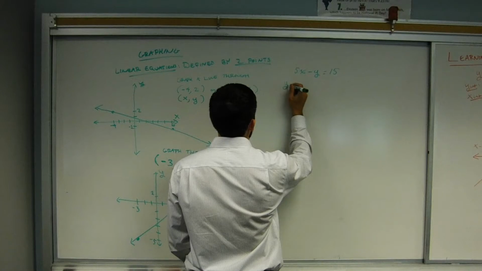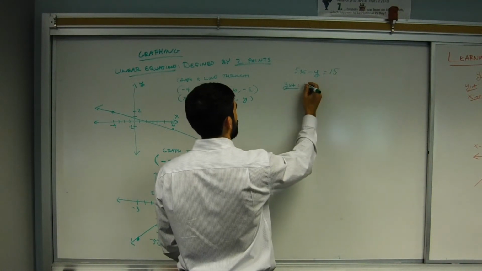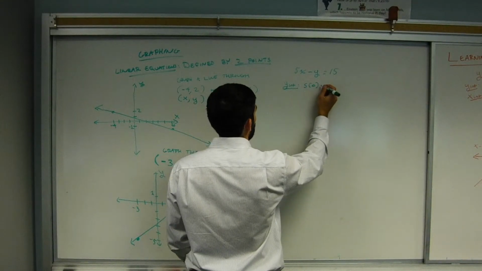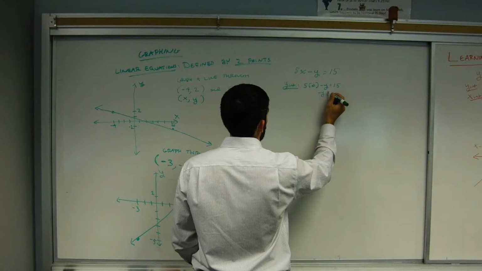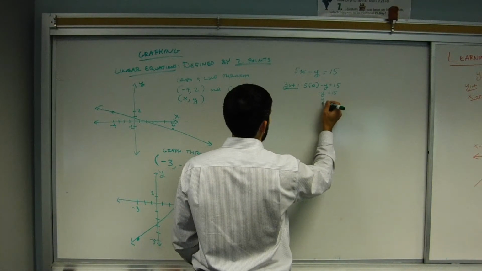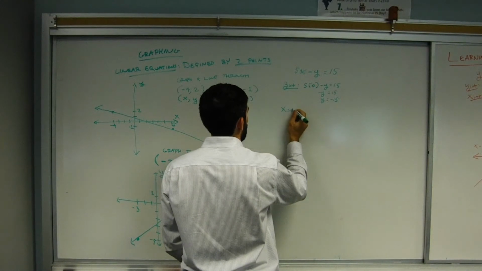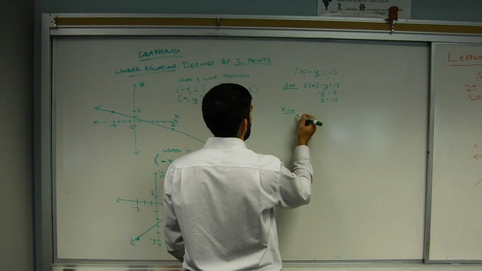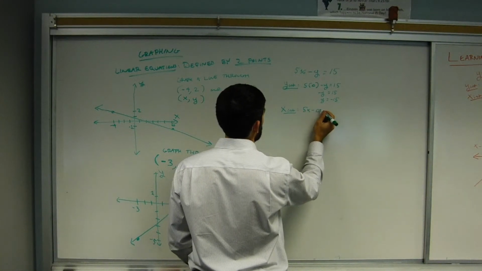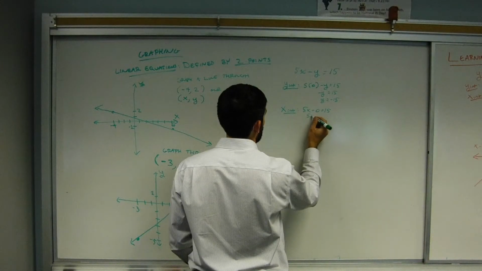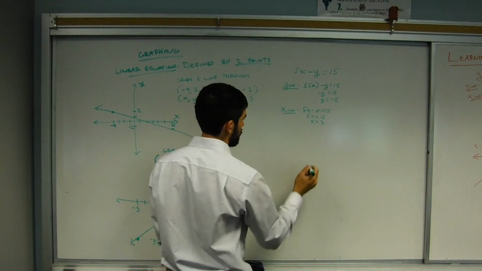So our y-intercept, we would once again set x equal to 0. So we get 5 times 0 minus y is equal to 15. We get negative y is equal to 15, so y is equal to negative 15. For our x-intercept, we would set y equal to 0, so we get 5x minus 0 is equal to 15. 5x is equal to 15, or x is equal to 3.